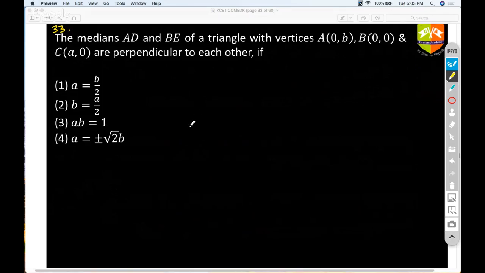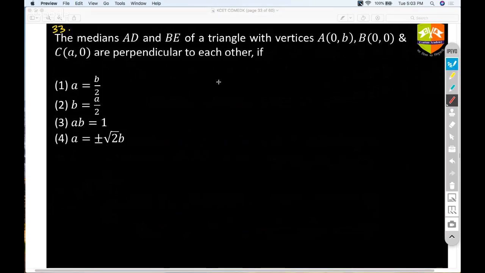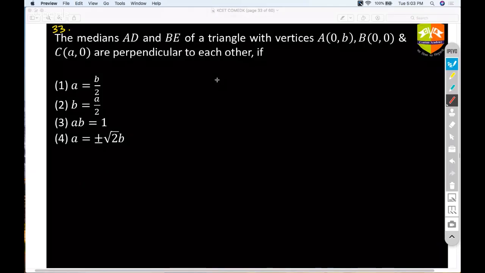Okay. So your A is clearly on the y-axis. B is your origin. And C is A comma 0.